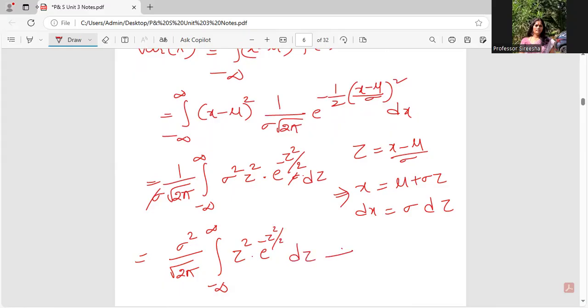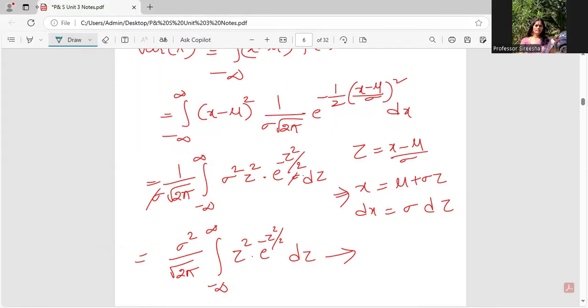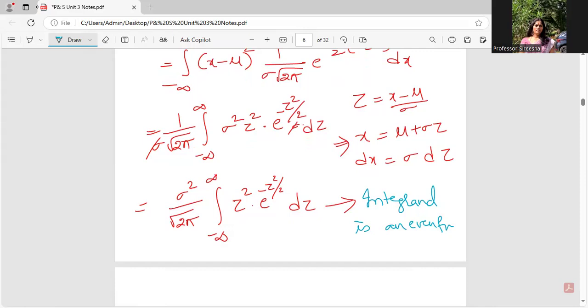Clearly, this integrand is an even function. So clearly I can write like this. And I know when an integrand is an even function, how do I write?